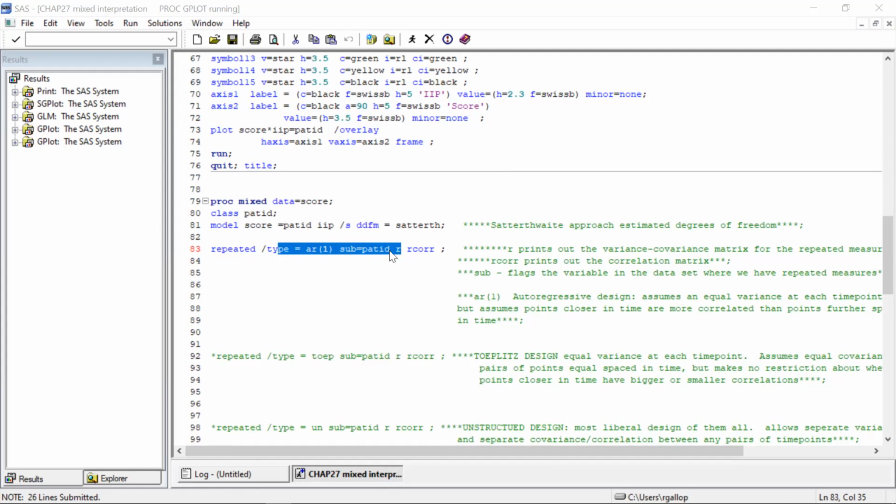Now, the R and the R core here are going to lay out exactly what the R will show us: the correlation matrix of the repeated measures within a person. And the R will give us the variance covariance matrix for the repeated measures within a person.